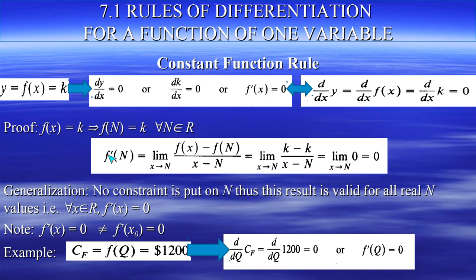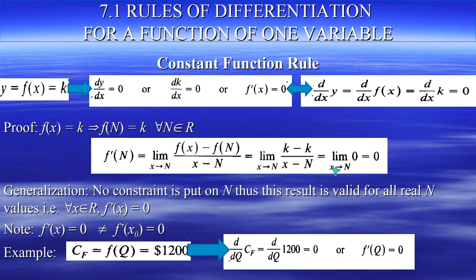So the derivative of this function at the point n, f prime of n, by definition is equal to the limit when x goes to n of f of x minus f of n over x minus n. So replacing f of x and f of n by its value, which is k in both cases, we obtain the limit when x goes to n of k minus k over x minus n.